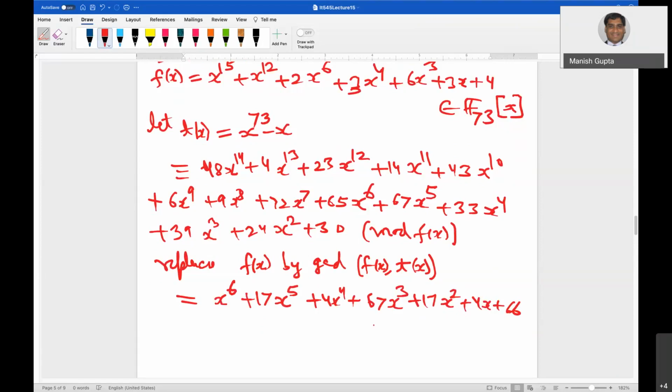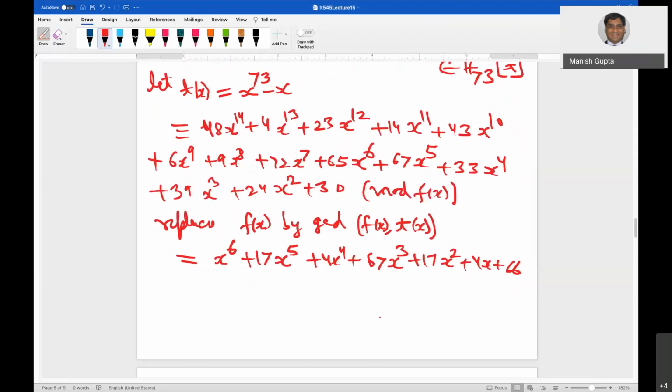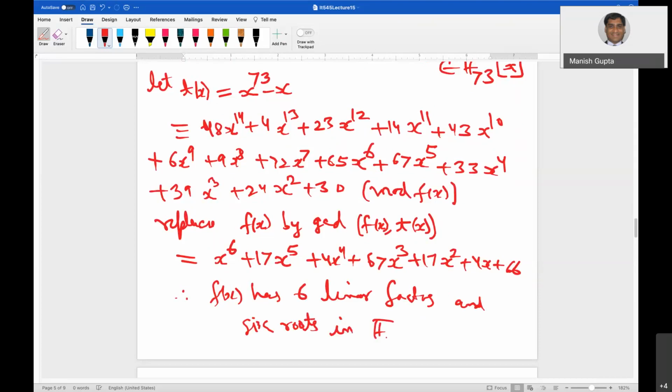So that means that fx has 6 linear factors, right? And 6 roots in F73.